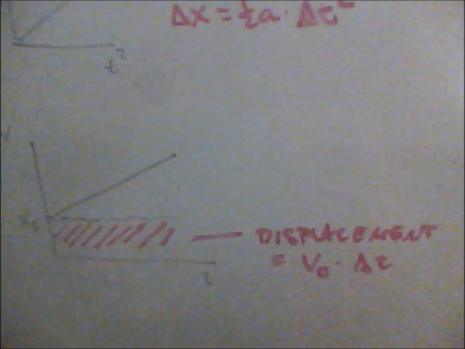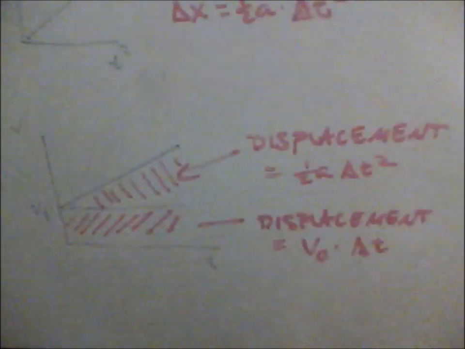Consider that the area I have in hatch marks there is a rectangle, and the rectangle has a height of v0 and a base of t. So since this is a velocity time graph and the area is equal to displacement, the displacement of that rectangle is equal to v0 times delta t. So now we can apply our previous analysis and claim that the area of this triangle is equal to 1/2 a times delta t squared.